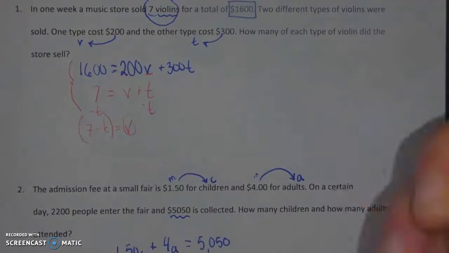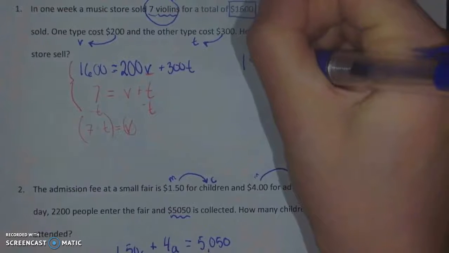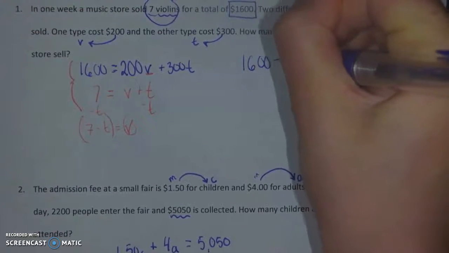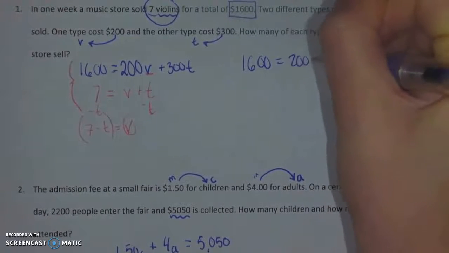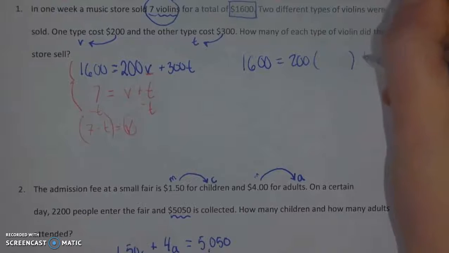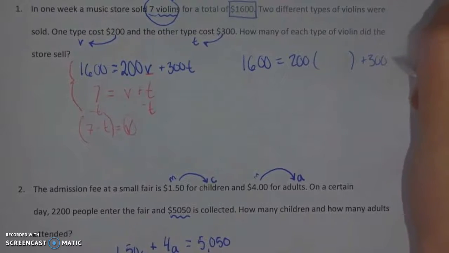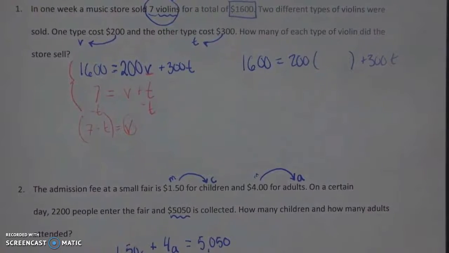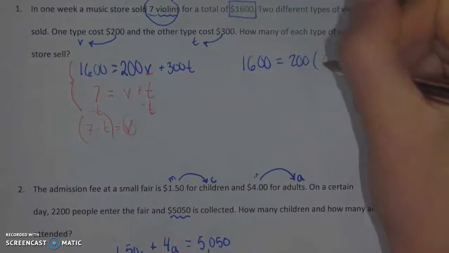So I'm going to write out this equation using my substitution there. And just remember that instead of v, write that 7 minus t.